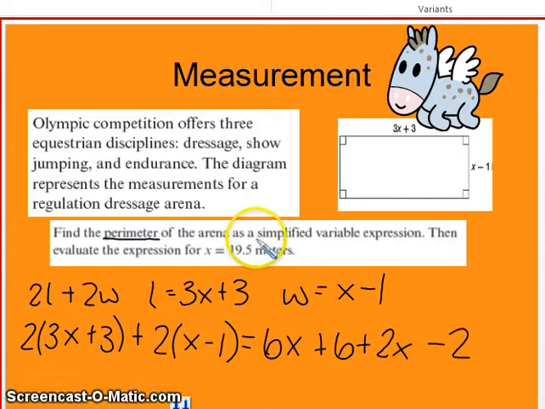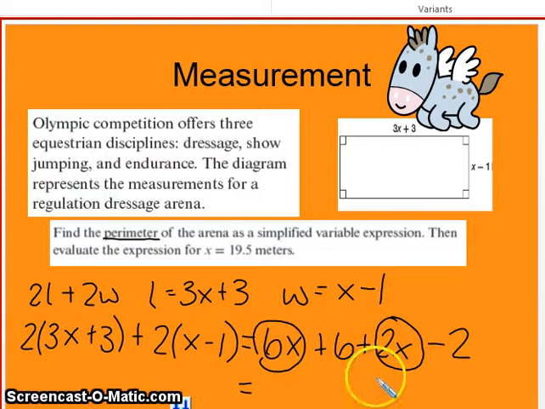Now notice this says a simplified variable expression. This is one variable expression, this is another one. But in order to simplify it, we need to combine like terms. So notice I have a term with x here, x to the first, and then I've got another term with x to the first here. So these are like terms. 6x plus 2x, 6 plus 2 is 8, and then x.